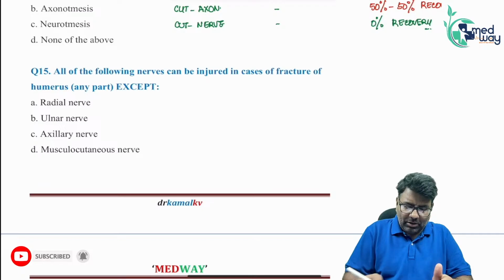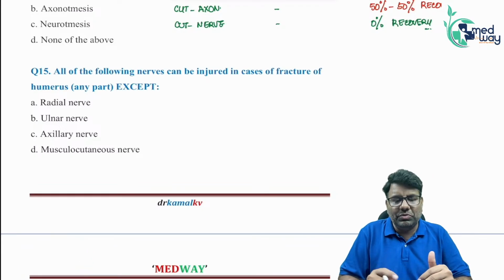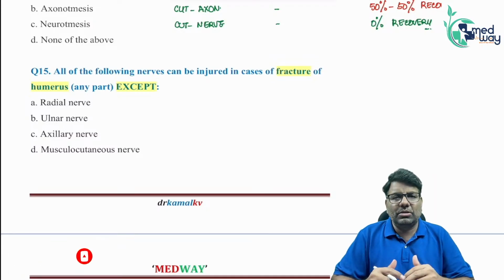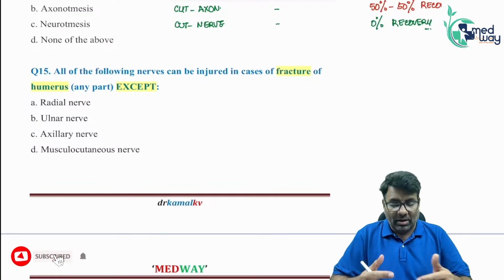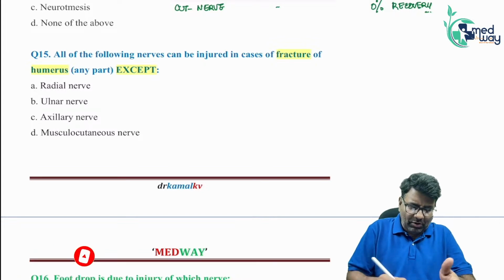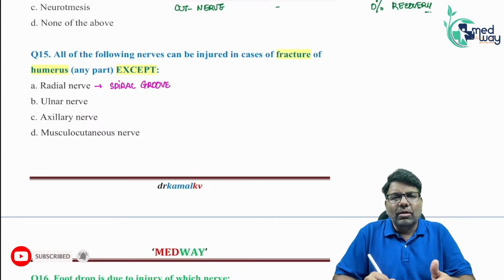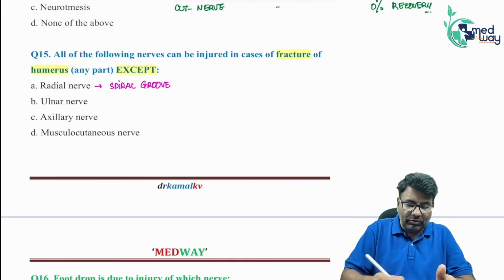Then moving forward to another question about nerves and their possibility of injuries, especially in relation to fracture of the humerus, and we have to exclude the nerve which is in no way anatomically related to the humerus. So there is no chance of injury if there is any fracture of the humerus. I think everyone knows that the radial nerve passes through the spiral groove of the humerus posteriorly from the medial to the lateral side after coming out from the posterior cord of the brachial plexus.